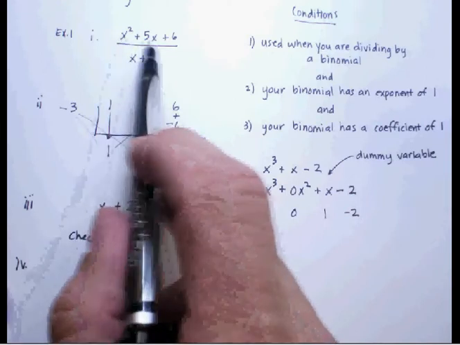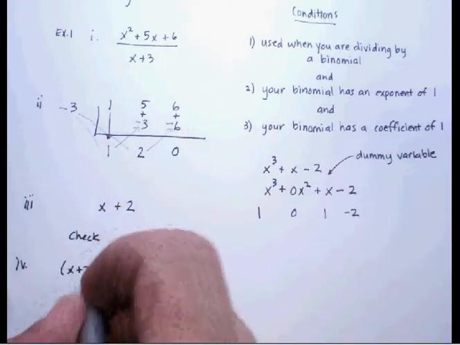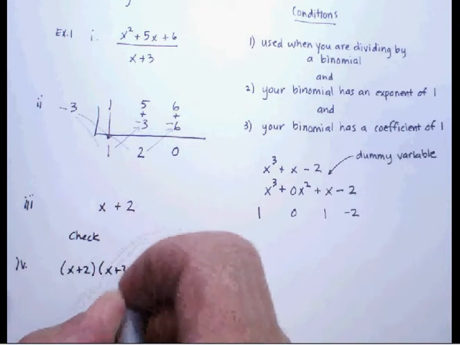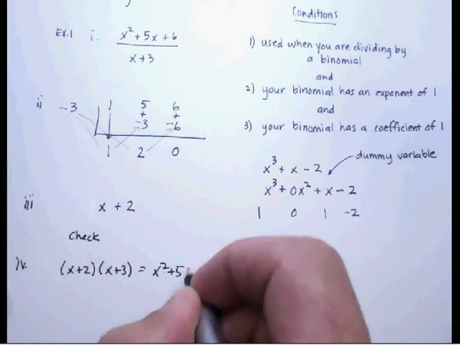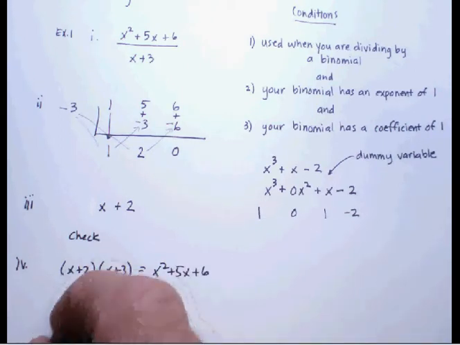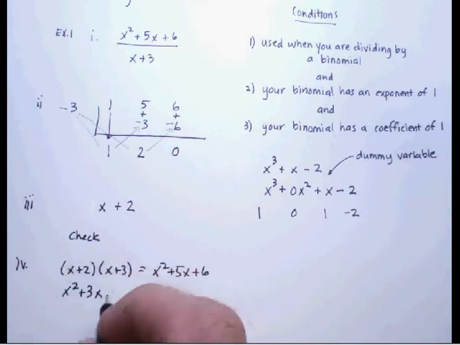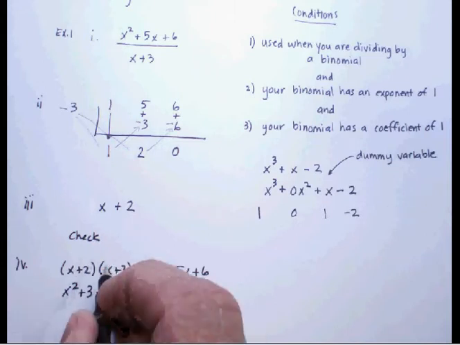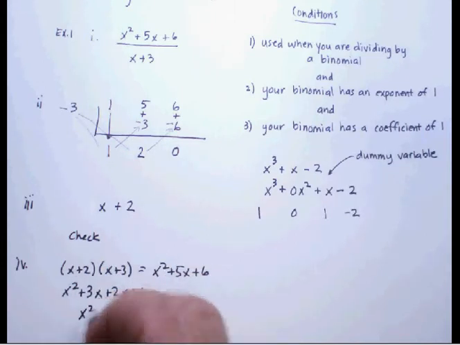X plus 2 times x plus 3 should be equal to x squared plus 5x plus 6. Let's FOIL that. X squared plus 3x plus 2x plus 6 gives me x squared plus 5x plus 6. So the answer actually checks.